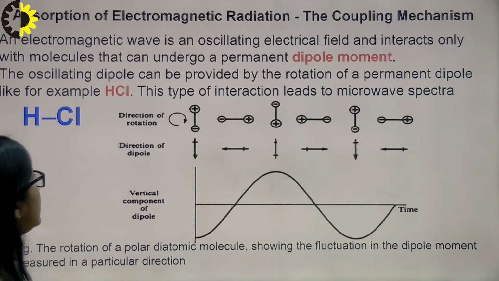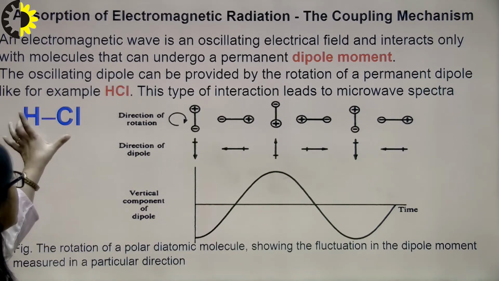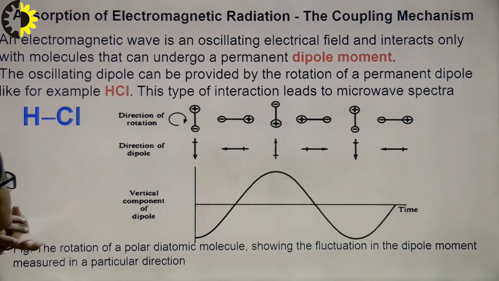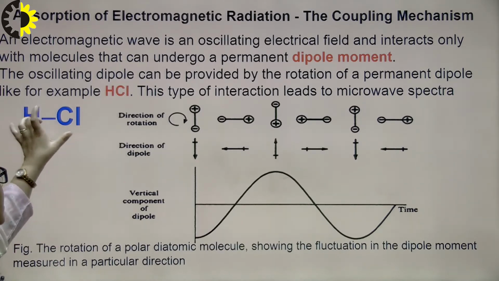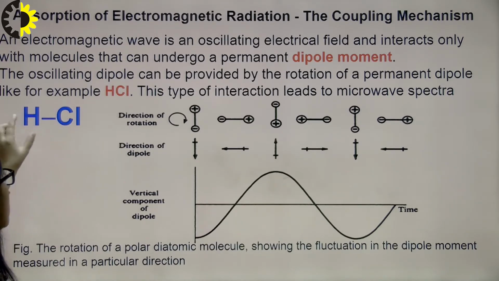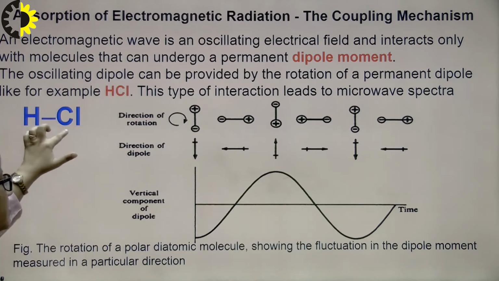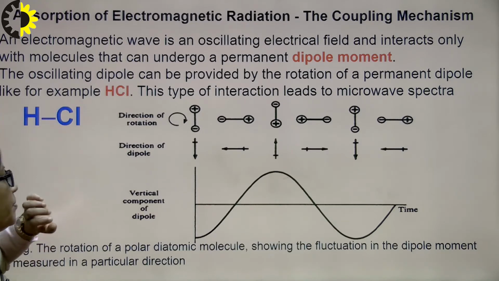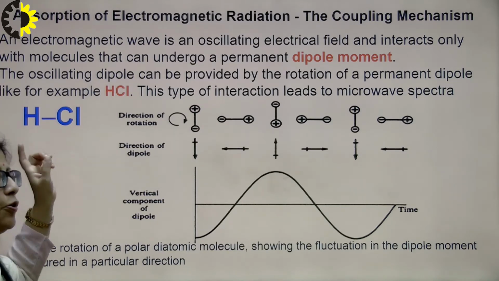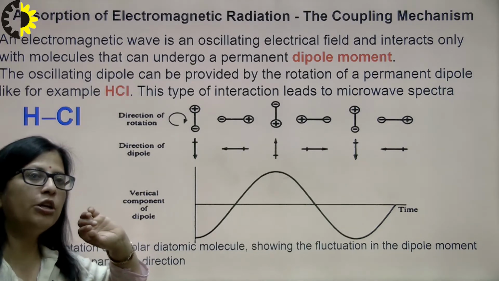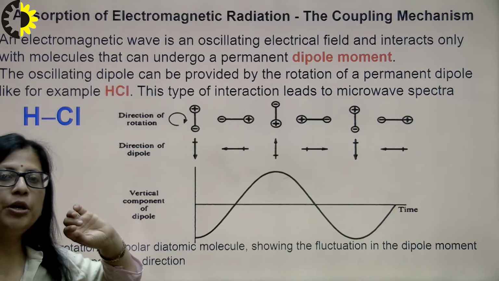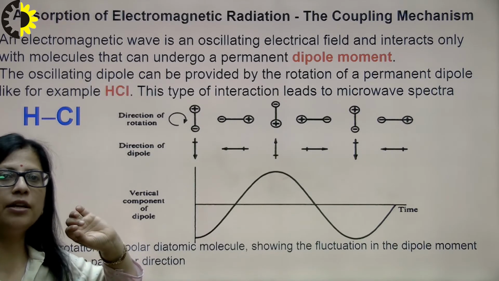Here I am taking the example of the HCl molecule. In the HCl molecule we can see that there are permanent dipoles. H is delta positive, Cl is delta negative. So, there is a permanent dipole in this molecule, and when this molecule rotates, it is going to produce an oscillating electric field.